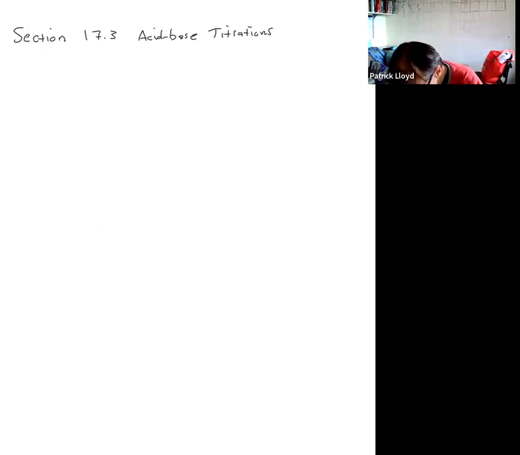We can look at the reaction of a strong acid. An example of a strong acid would be something like HCl, right? Hydrochloric acid. And we can react that with a strong base. An example of that would be sodium hydroxide.